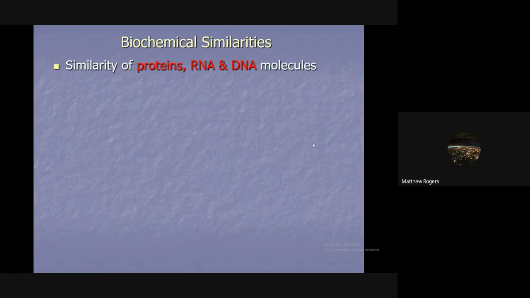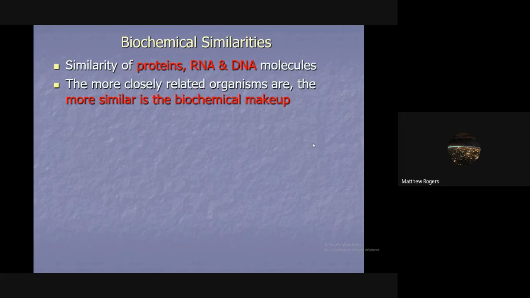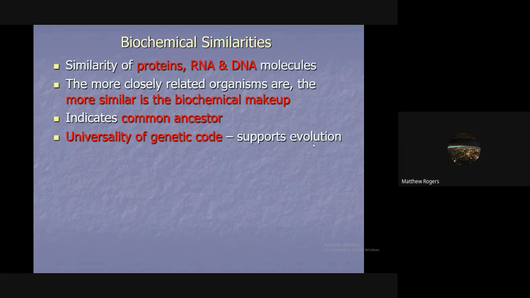And now we can look at biochemical similarities. We can look at the similarities of proteins, RNA, and DNA molecules. We can see how closely related things are. If they're more closely related, it indicates a common ancestor, and that they're more recently separated from each other as a species. Also, this idea that we all have the same proteins, RNA, and DNA molecules.